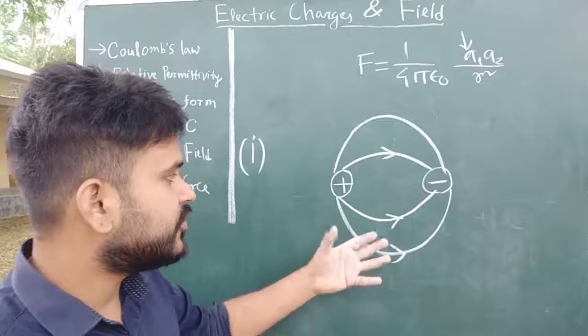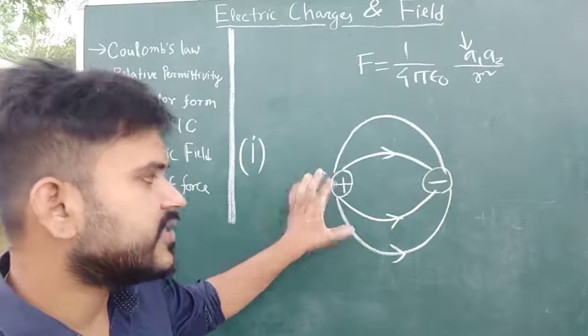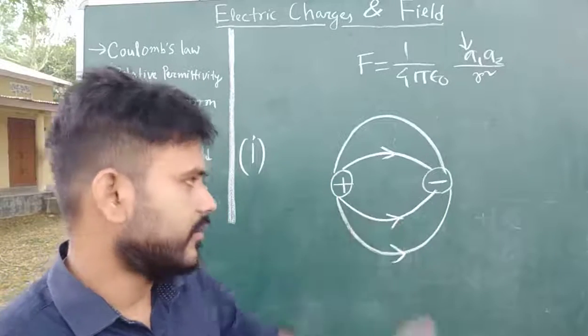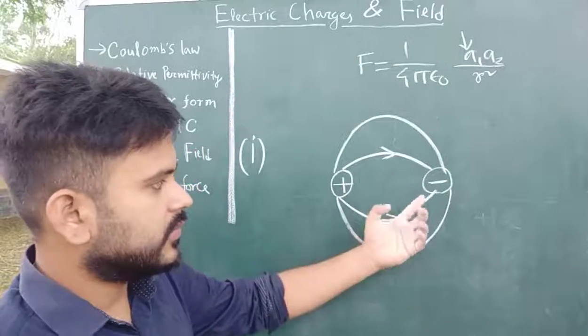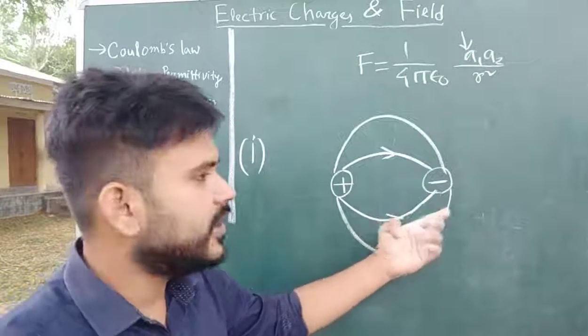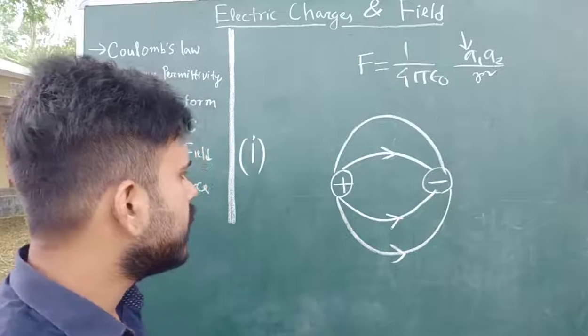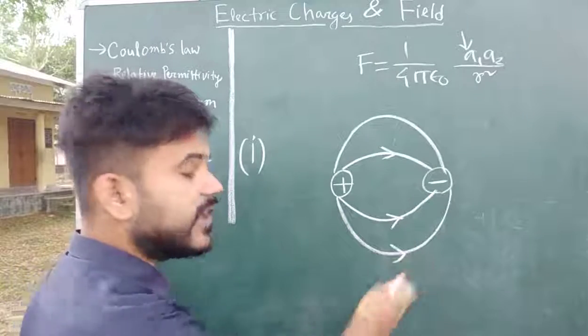The direction of lines of force for a positive charge is radially outward, and for a negative charge is radially inward. So in this case, this arrow represents both.